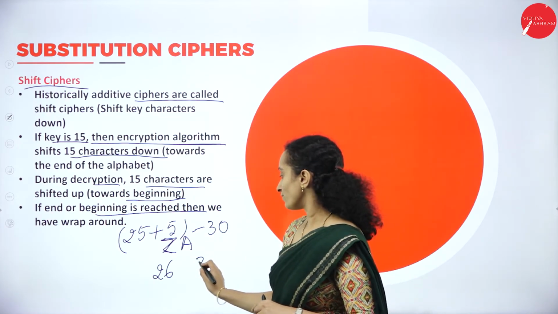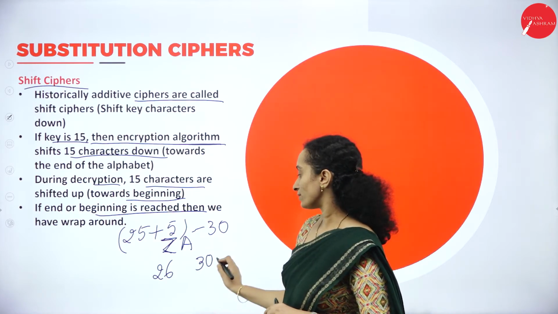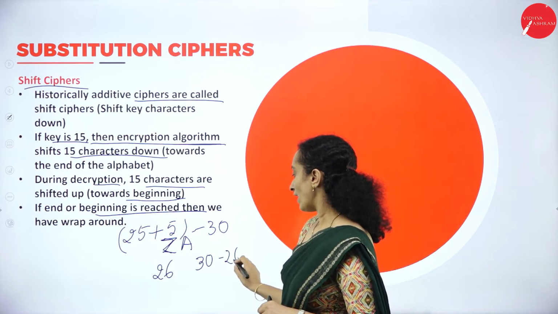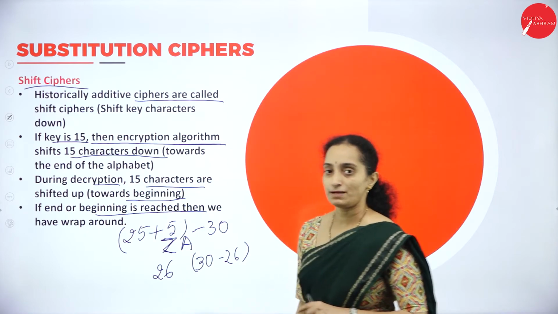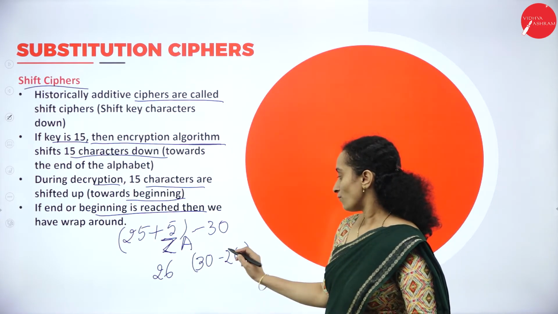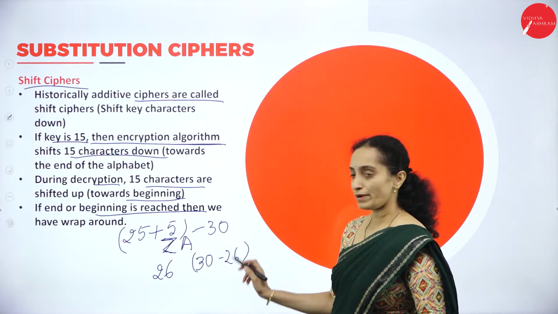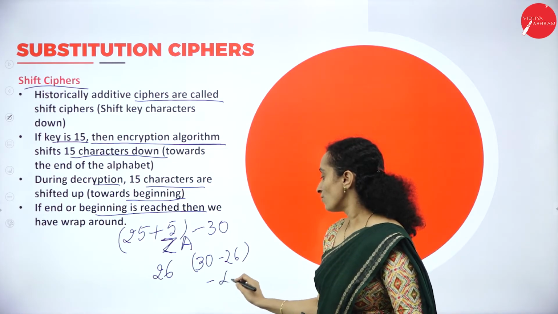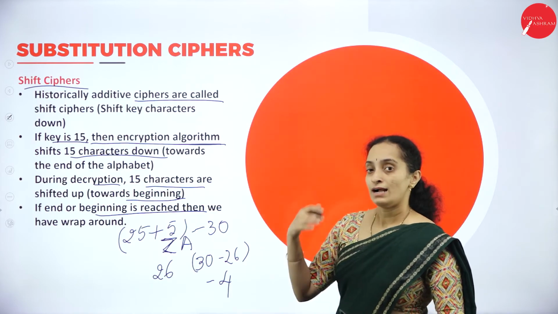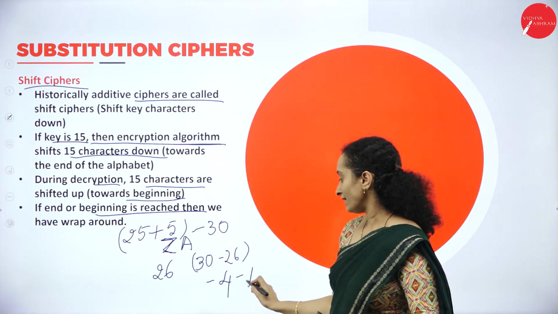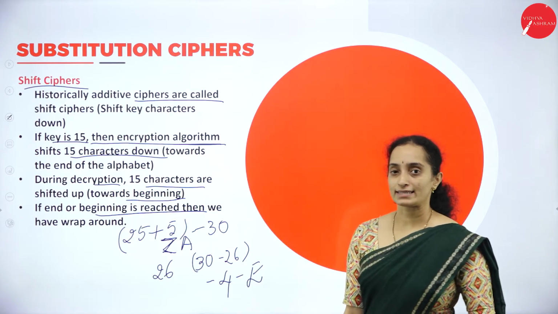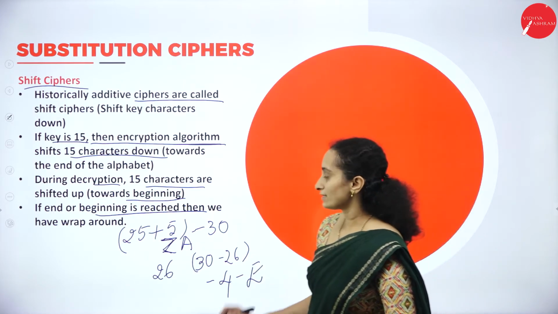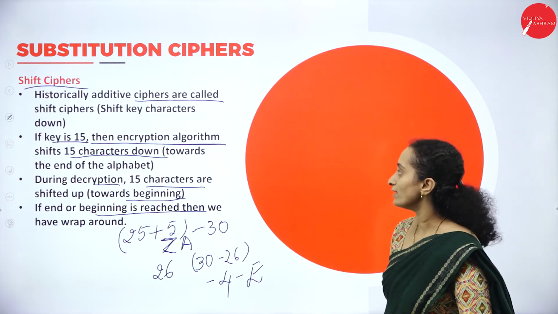Now you have to subtract the modulus value. If it exceeds 26, it will give you 4. That means after Z, again you will start with the character E. This is how you can shift the values.